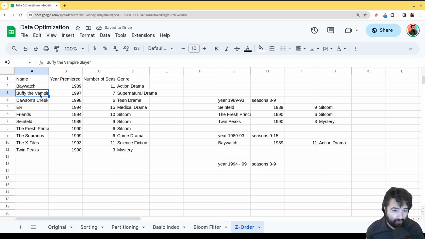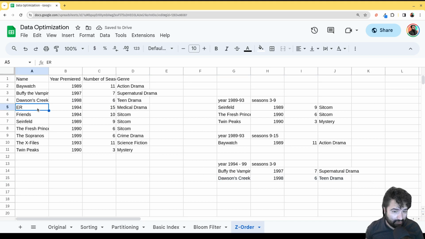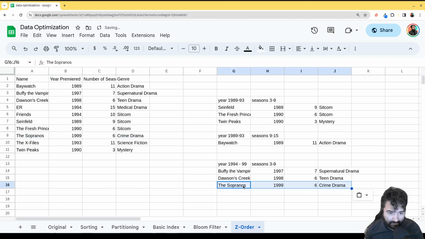Dawson's Creek, 3 to 9 seasons, yep, that falls into this category. ER, 94, 15 seasons, nope. Friends, 94, nope. Seinfeld, nope. 94 to 99, so that would possibly be in there, and yep, Sopranos falls in there. X-Files, 93, 90, nope.